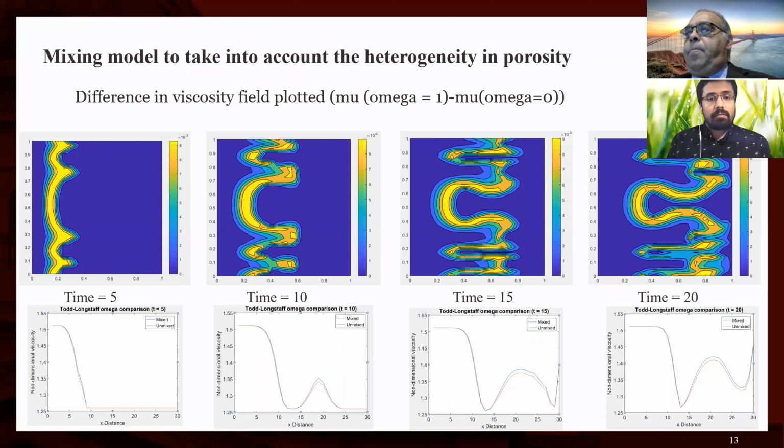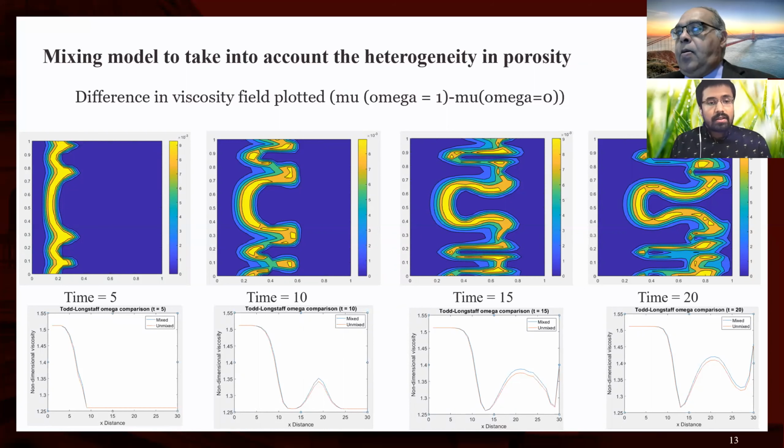Here I'm showing the major effects that we see by applying the Todd-Longstoff mixing model. In the first row, we are representing how the difference in viscosity field occurs along time, at time equals 5, 10, 15, and 20. The results plotted are a difference between two simulations: the viscosities at omega equals 1, where the polymer and aqueous phase are fully mixed, and at omega equals 0, where it's fully segregated, fully isolated.